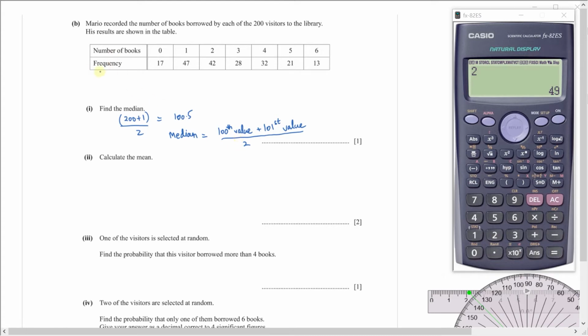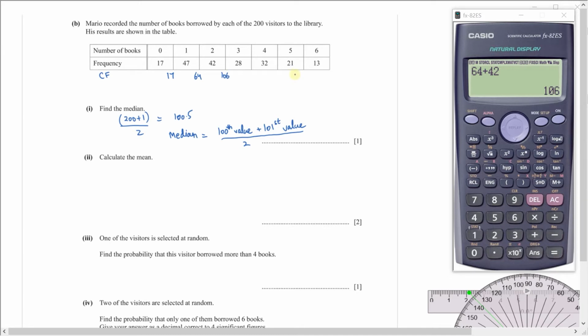So for this, we need to find the cumulative frequency. So cumulative frequency up till this point is 17. Then 17 plus 47 is 64. And then 64 plus 42 is 106.